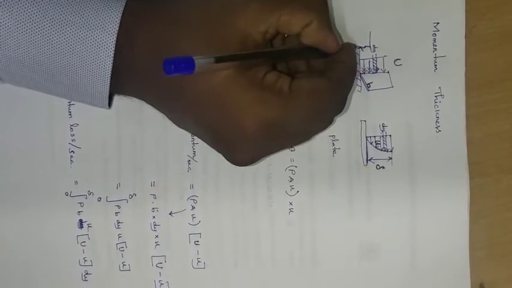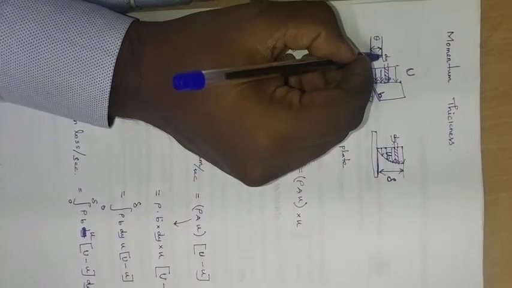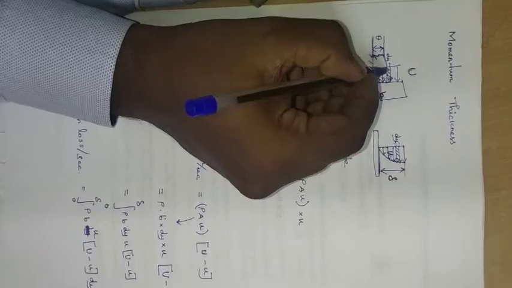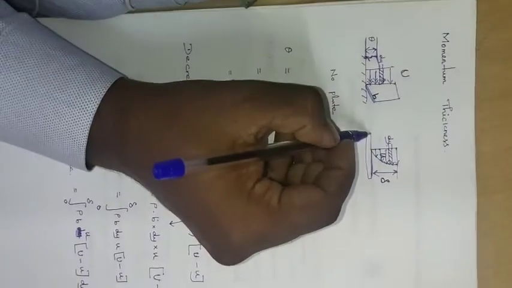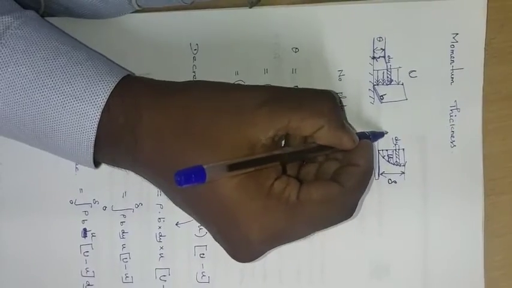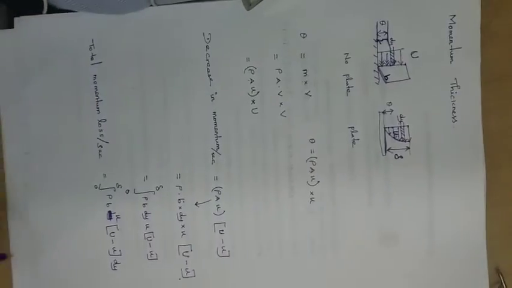So indirectly you can increase the height of the plate, or the formation of the boundary layer starts here, right? Your boundary layer starts here. If you are increasing the plate thickness here, a certain height theta, then when you increase the thickness of the plate, your momentum loss will be getting reduced, right?